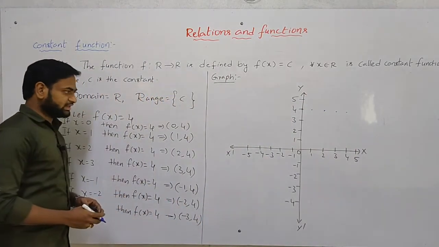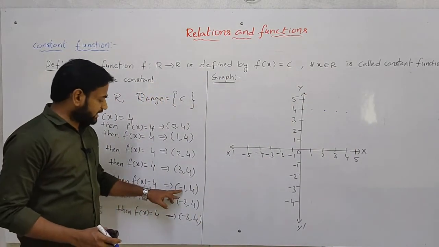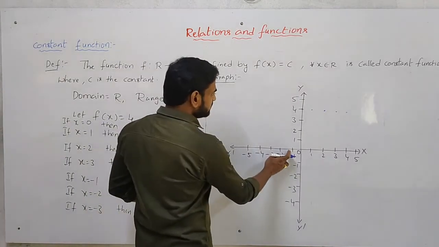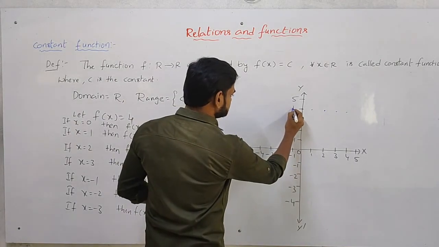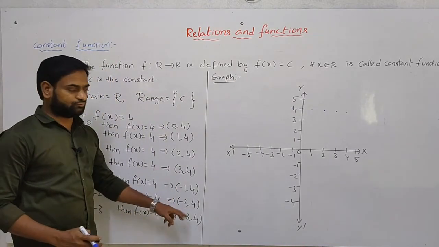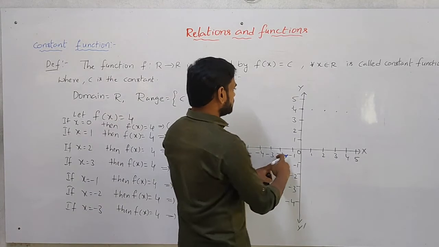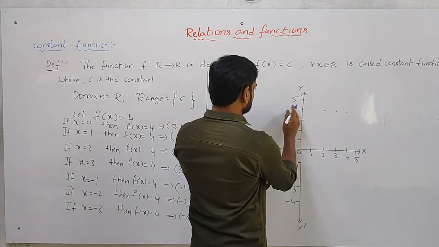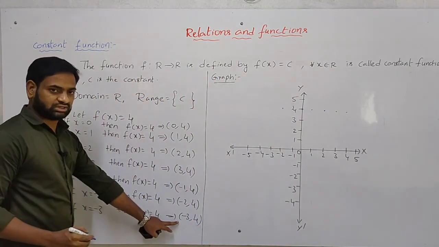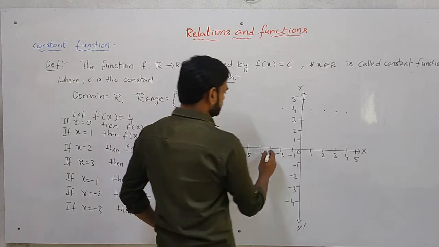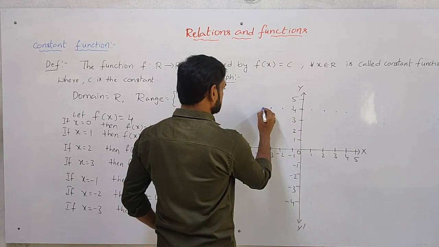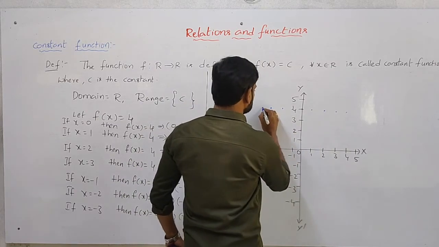Next, take the negative side. x value minus 1, y value 4. Next, x value minus 2, y value 4. Next, x value minus 3, y value is 4. x value minus 4, again 4. Like that. So join the dots.